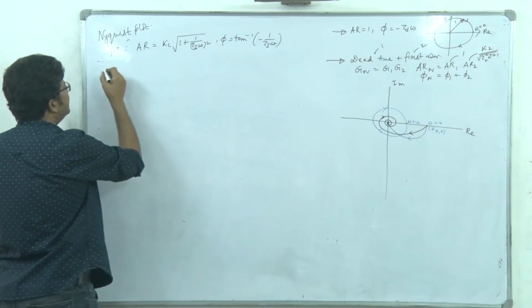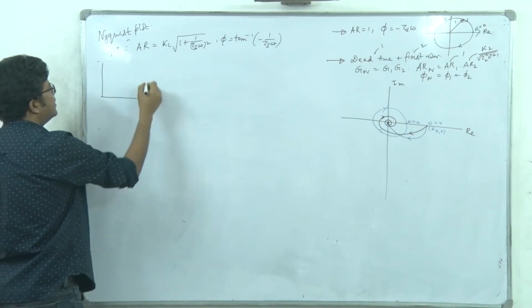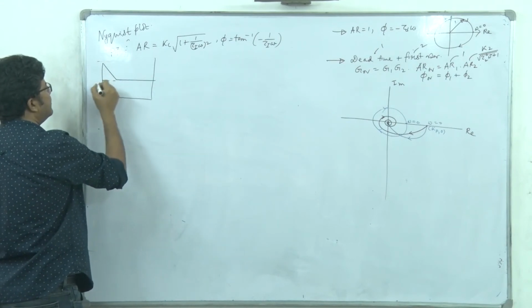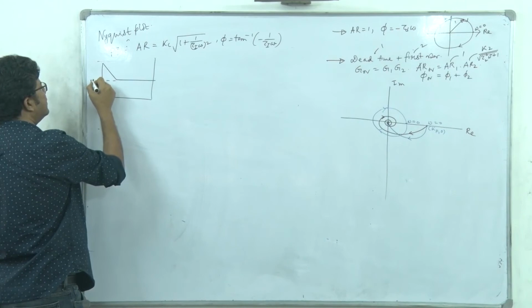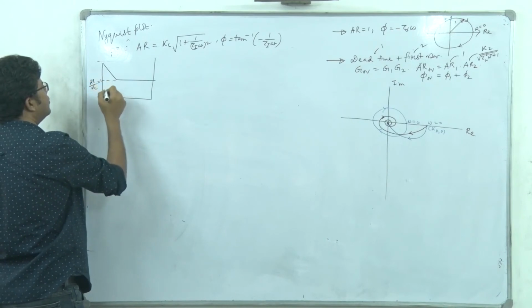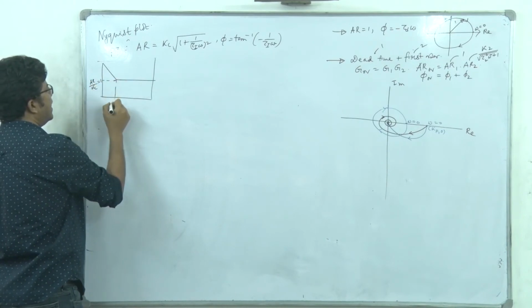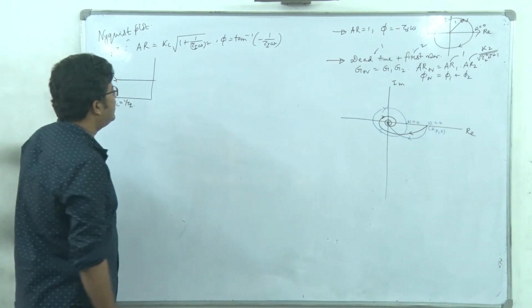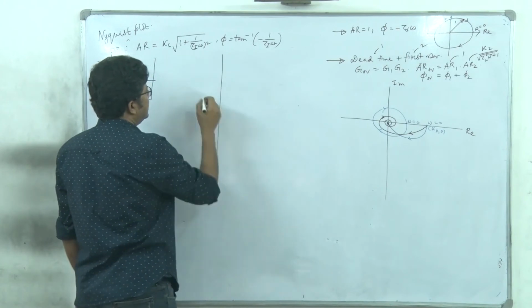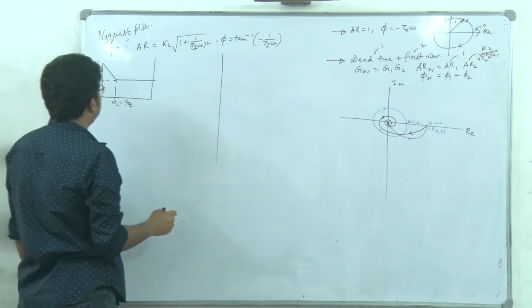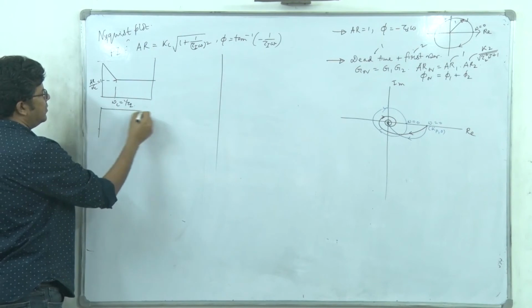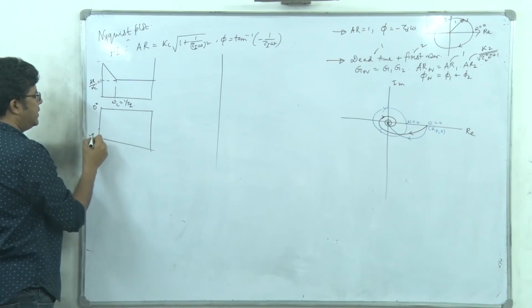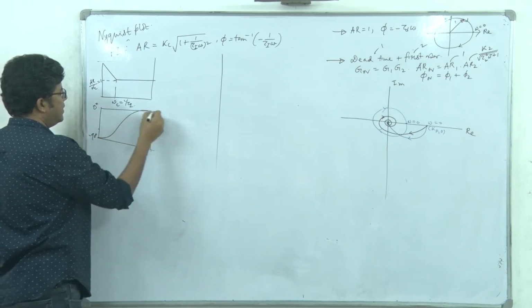And the Bode plot, if you remember, will be like this, and at a certain frequency, which is 1 by tau I, AR by Kc equal to 1, right? And phi changes from minus 90 initially and finally grows to 0.